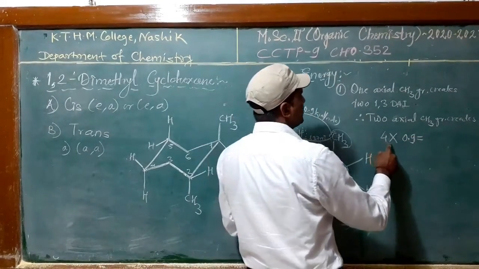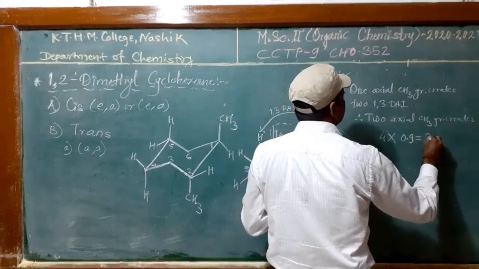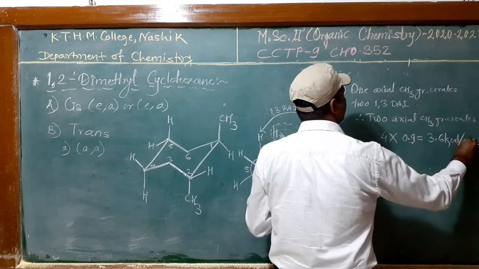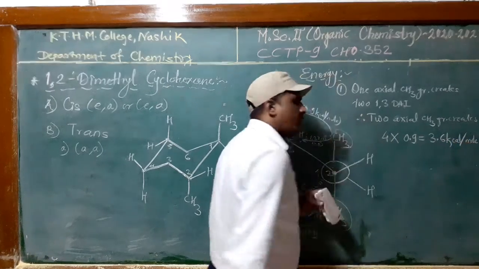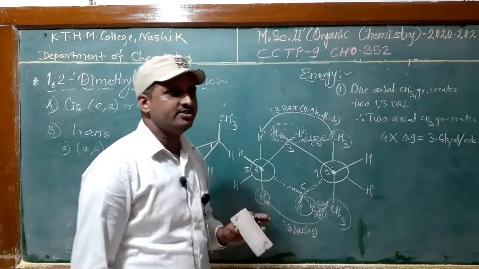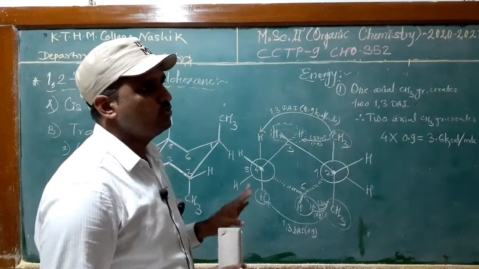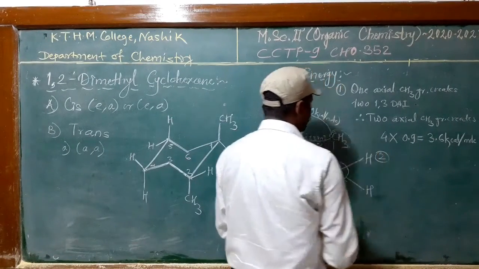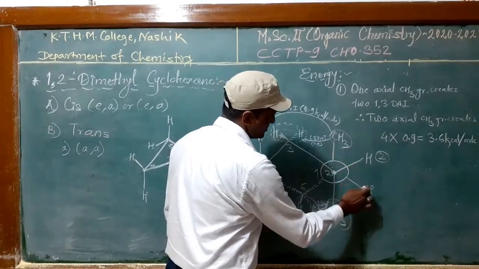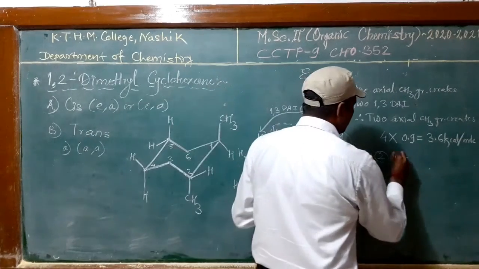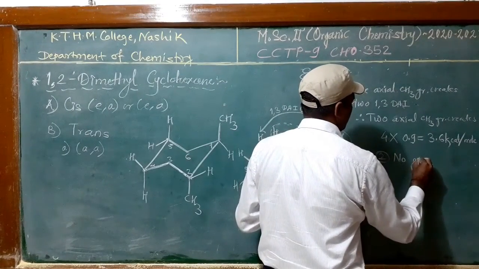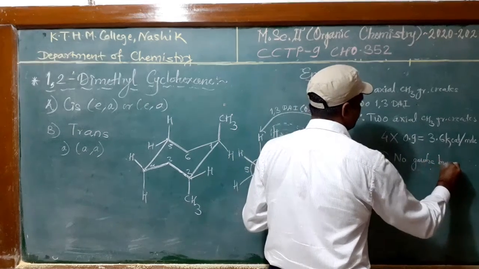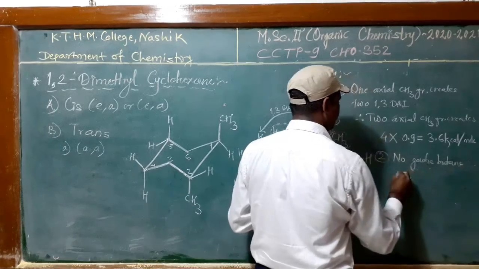So 4 into 0.9 is 3.6 kilocalorie per mole. This 3.6 kilocalorie energy is contained only because of the four 1,3-diaxial interactions. Second, there is absence of any gauche-butane interaction. No gauche-butane interaction.